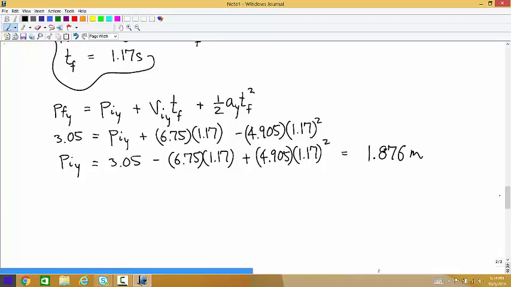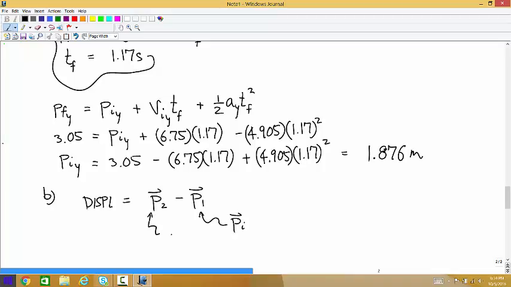Okay, and then now we want part B, we need that displacement vector. So now we know the full PIY. To get that displacement, remember displacement is the position at the later instant minus the position at the earlier instant. The earlier instant is PI.